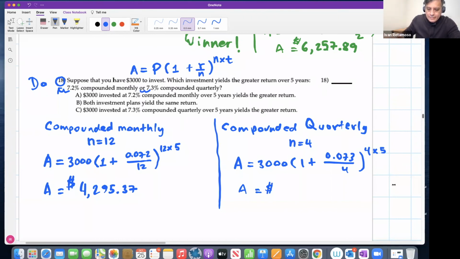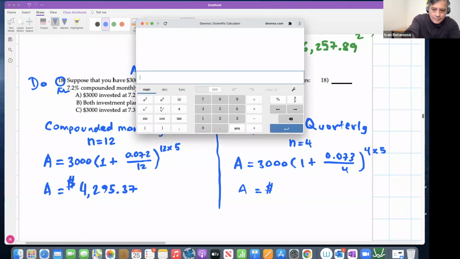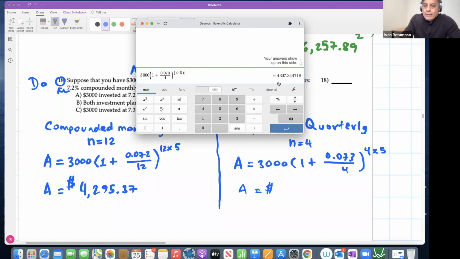In dollars, we're going to get the following: 3,000 times 1 plus 0.073 over 4 raised to 4 times 5. Or you can just type 20 there, right? Up to you. I get 4,307.34 now.